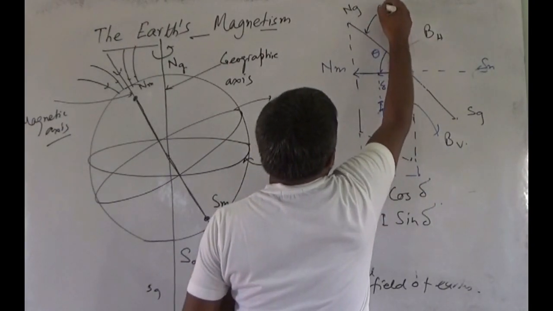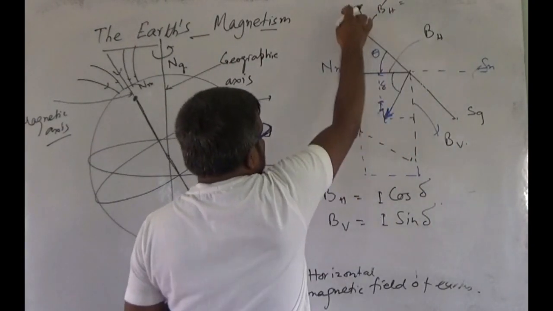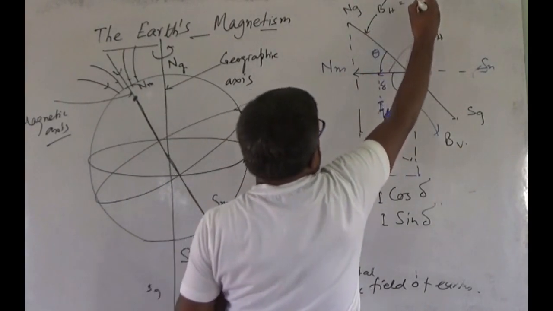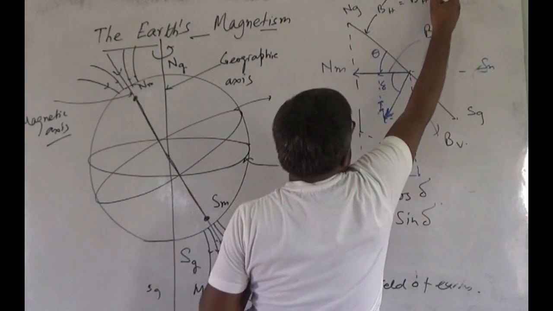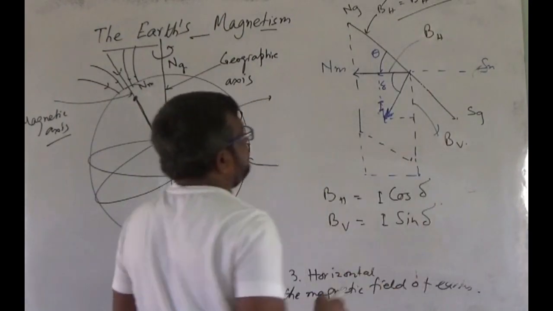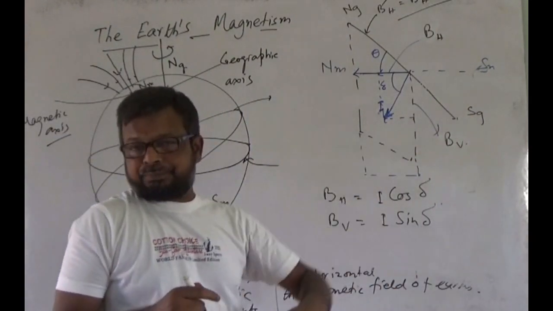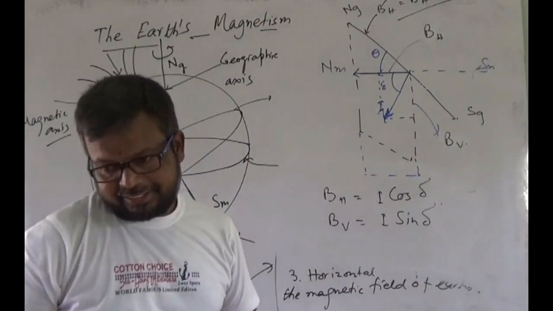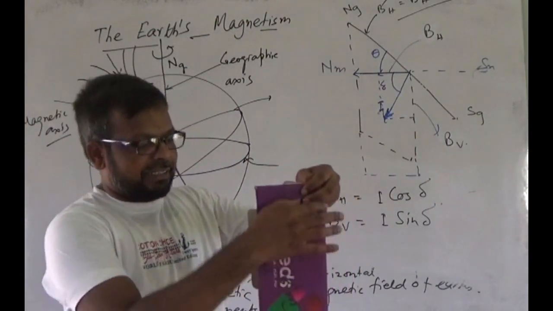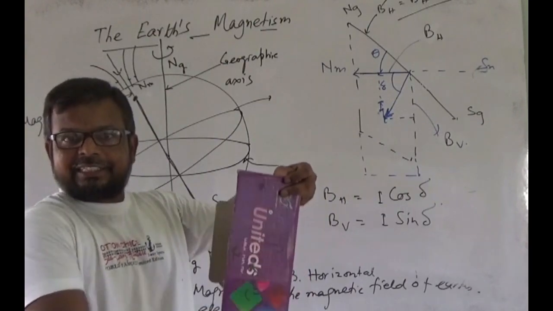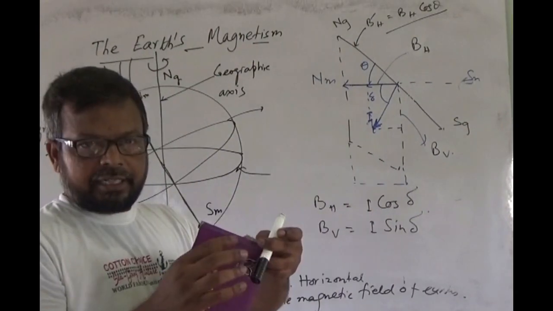This BH dash. This is the geographic meridian, right? BH dash will be equal to BH cos theta. But vertical component remains the same because vertical direction remains the same. Is it clear? This is the vertical direction, right?